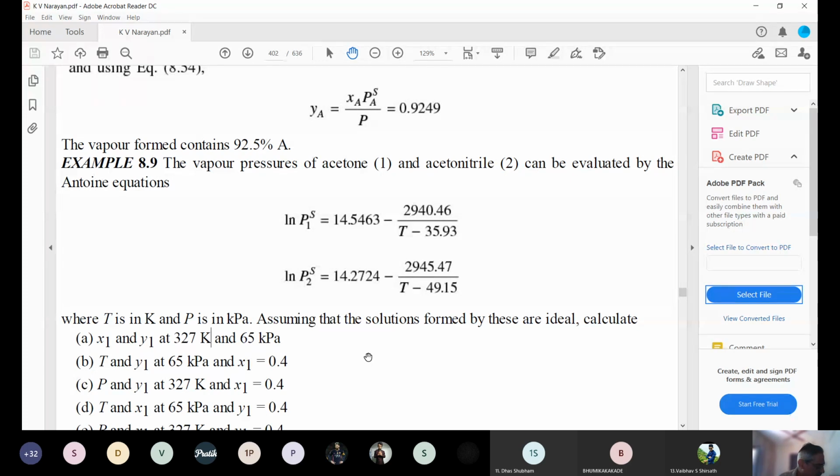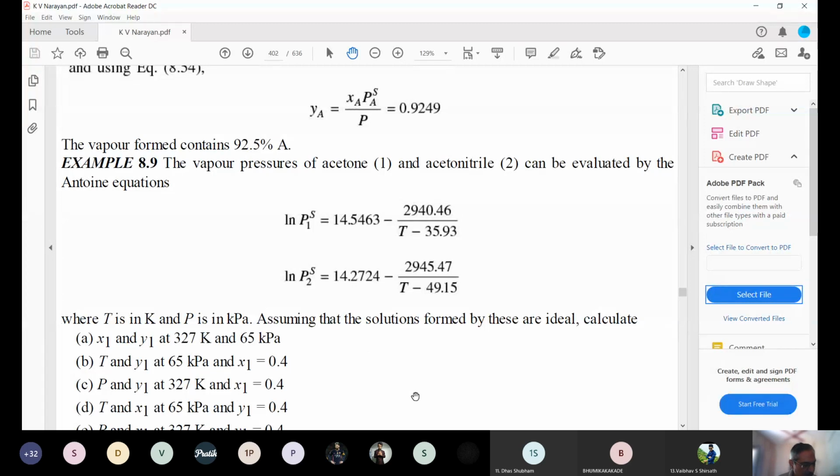Exam में ऐसा कुछ आ गया तो हमारे को assume करना पड़ेगा temperature, and we have no idea because we don't know the boiling point of component 1 and component 2. We can find out from Antoine equation, but right now we don't know. Okay, so suppose we assume 325, round figure, as the temperature. Then we calculate P1s and P2s.